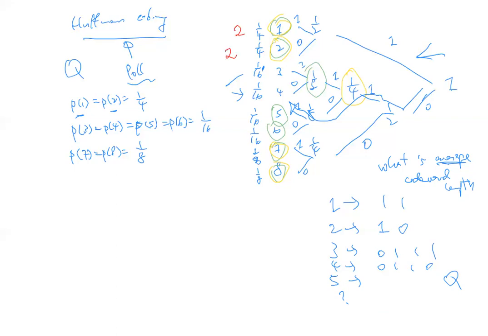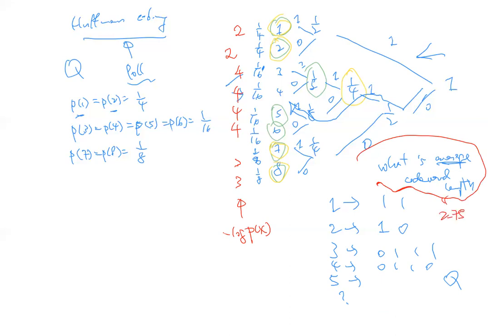And 3, 4, 5, 6 are 4 bits, and 7, 8 are 3 bits here. So you see this is precisely minus log px here. And if you compute the average code length, this is exactly 2.75 as before.